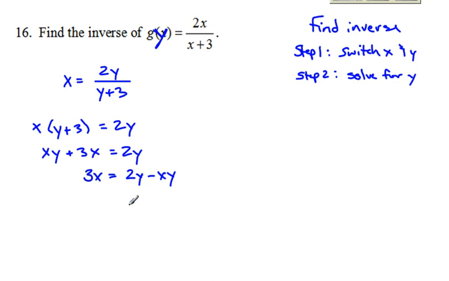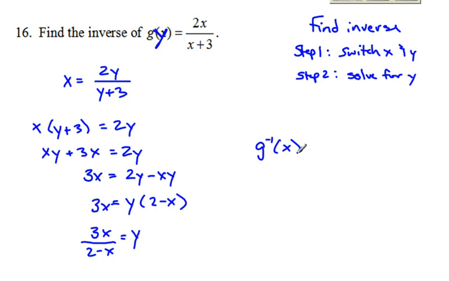Now that my y's are together, I can factor out a y. So I have y times 2 minus x equal to 3x, and now I'm able to simply divide, and I have solved for y, 3x over 2 minus x. And we can write our final answer saying g inverse of x equals 3x over 2 minus x.